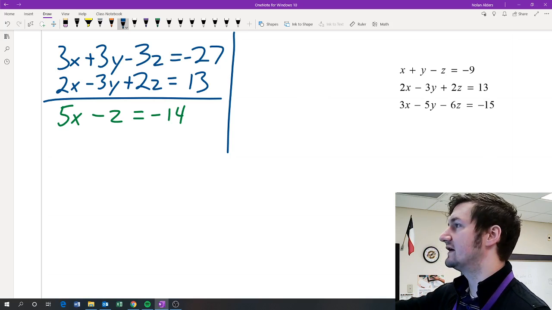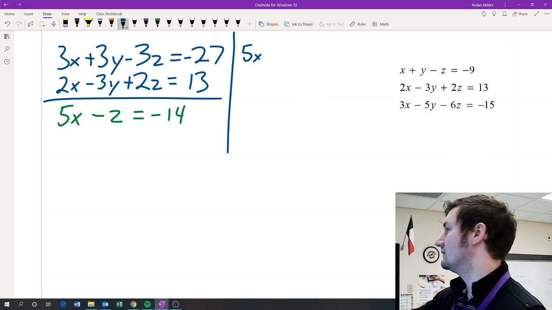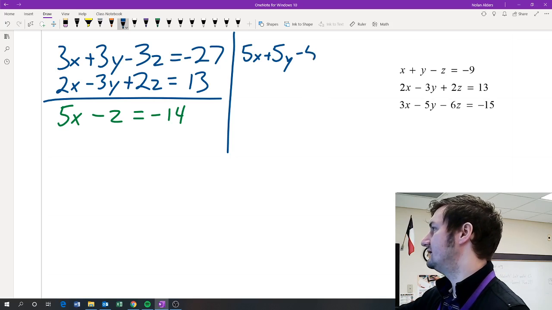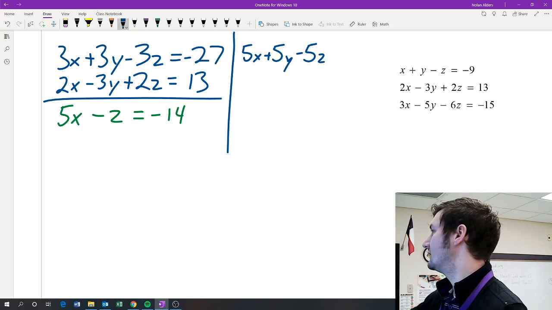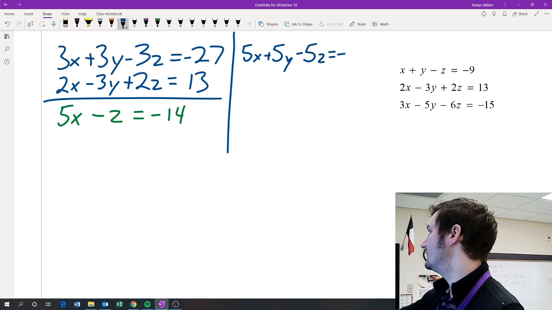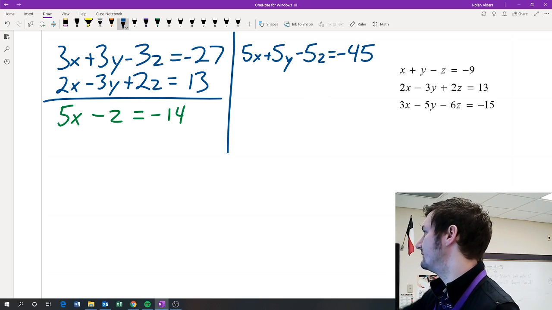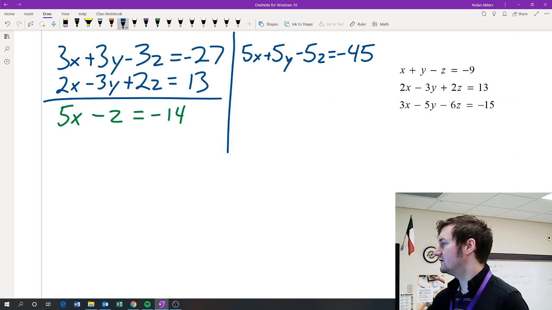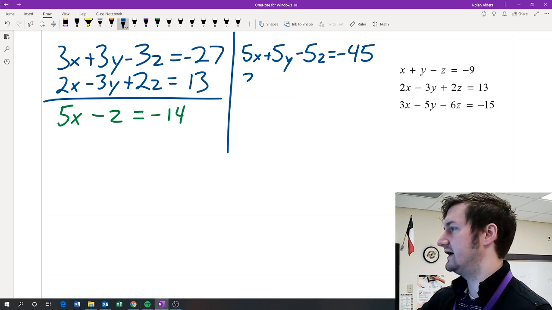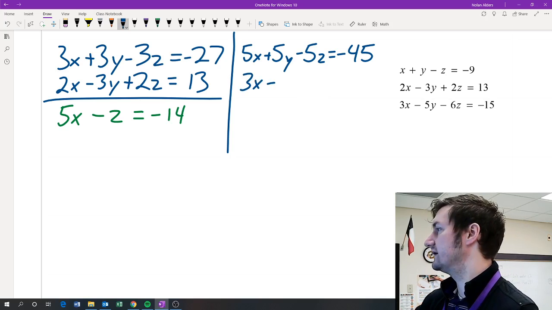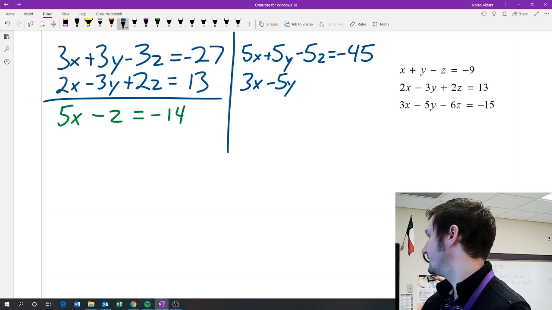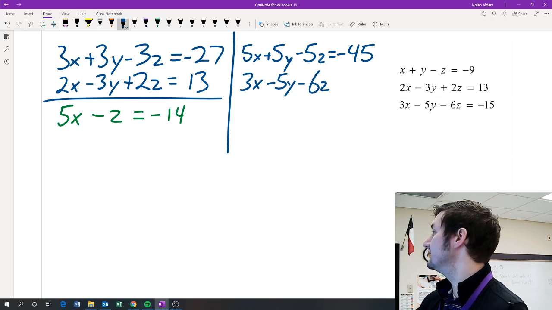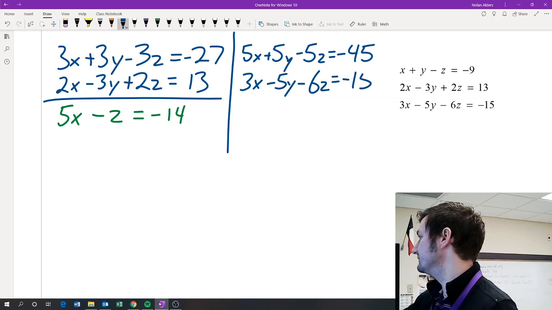So we'll get 5x plus 5y minus 5z equals negative 45. 5 times 9 is 45. Okay, now we'll add to that the third equation, which is just 3x minus 5y minus 6z equals negative 15.